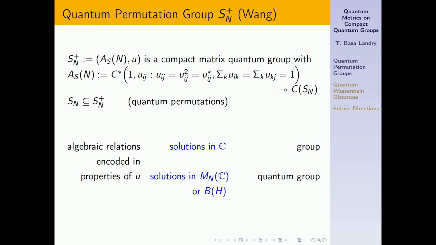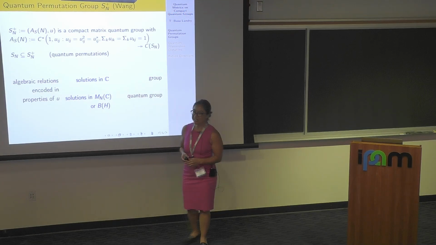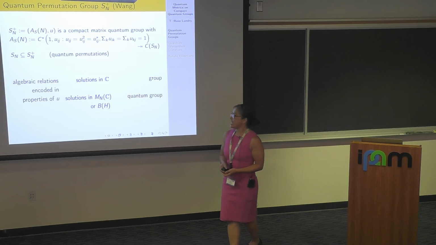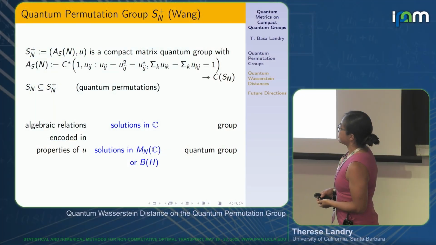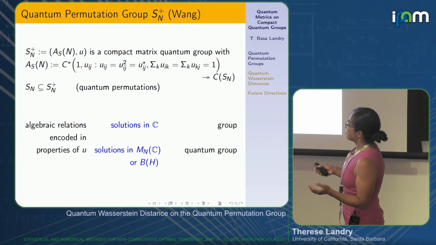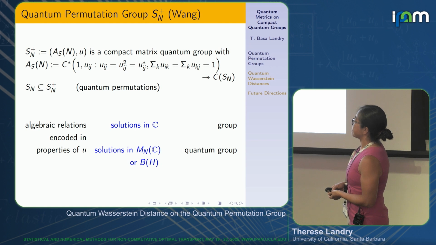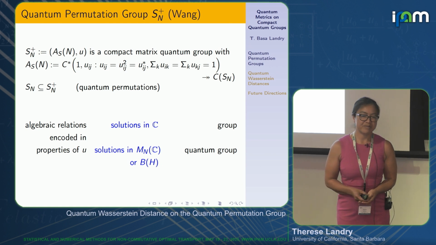And so these relations, which can be represented as entries in an invertible matrix, with the entries being in the C-star algebra, if you take your solutions in the complex numbers, then you will get a classical group. And if you take them in matrices or in bounded operators on a Hilbert space, then you will get a quantum group.